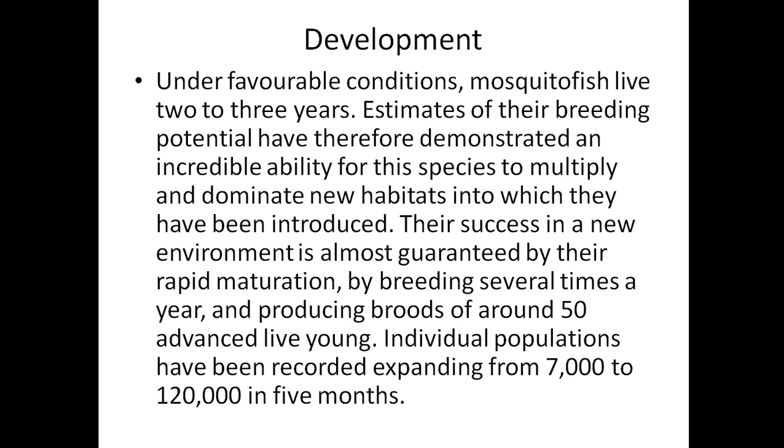Under favorable conditions, mosquito fish live 2 to 3 years. Just imagine, they remain for 2 to 3 years. In a season, they produce 3 to 4 broods, and each brood may have hundreds, so what will be the number of these?